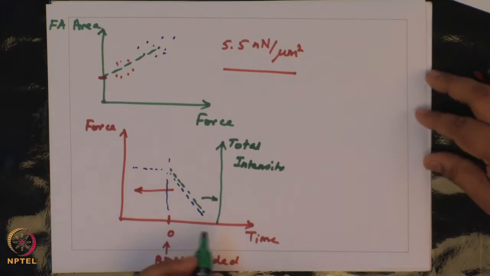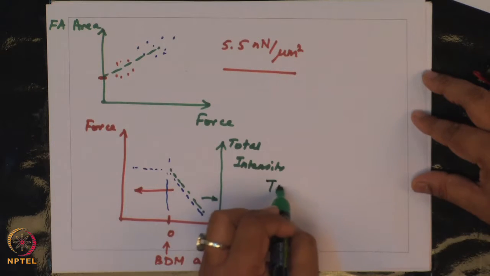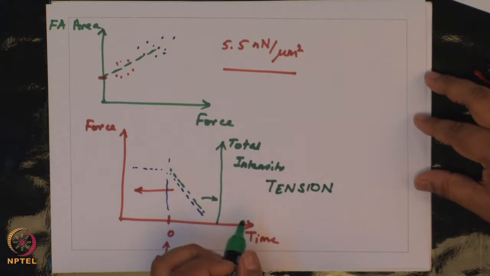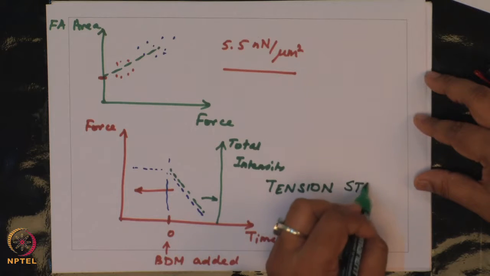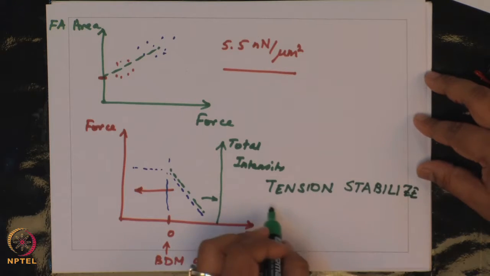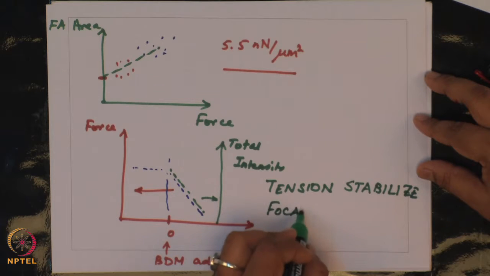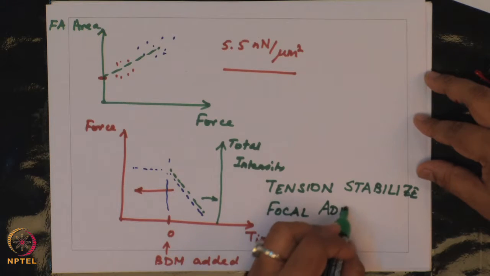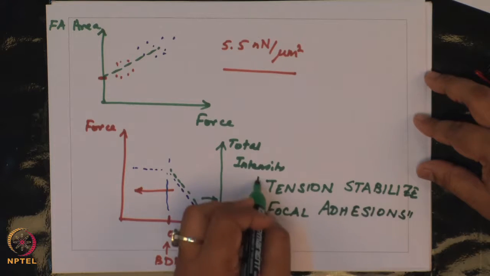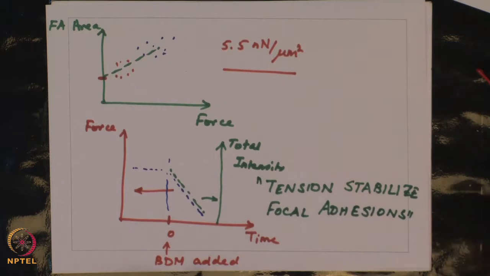So, this experiment suggests that tension or force exerted by cells at focal adhesions actually stabilizes the focal adhesion. Okay. So, force is required to stabilize focal adhesions.